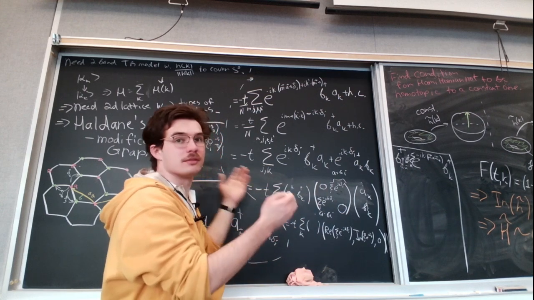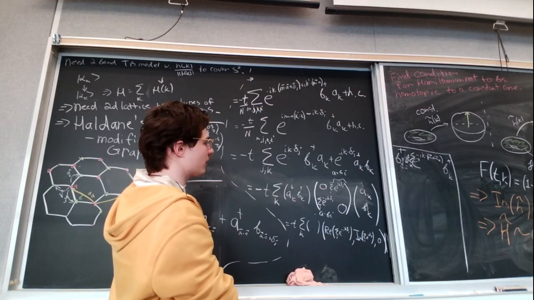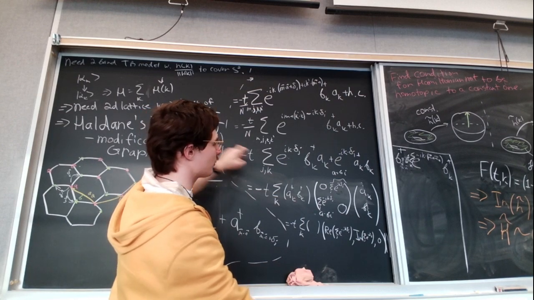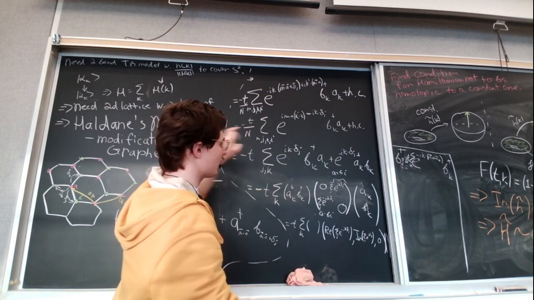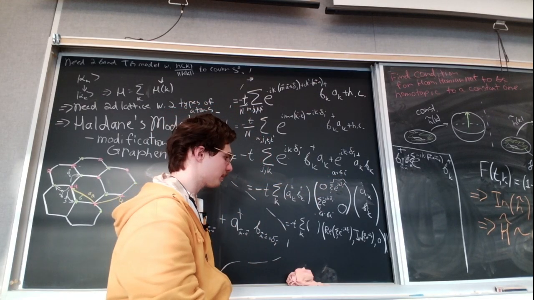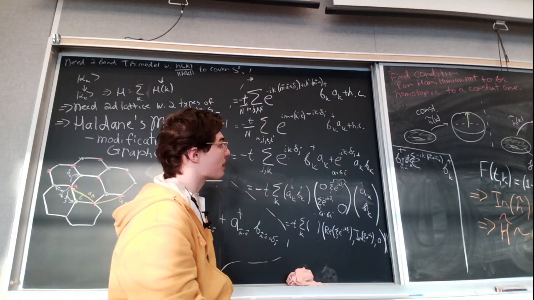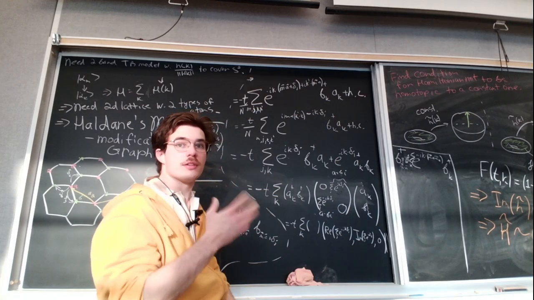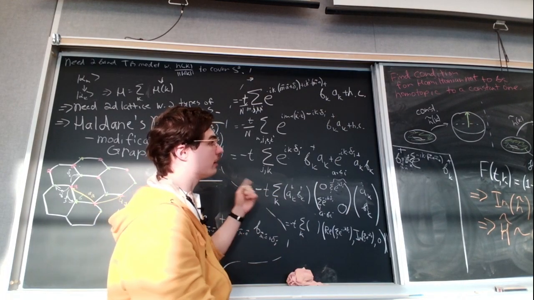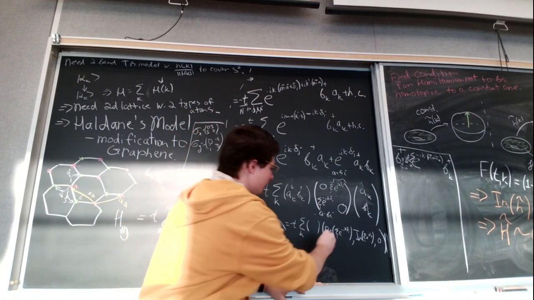I want to write this as something times this plus something times this. And so you see that this something has to be the real part, and this something has to be the imaginary part. That's it. Okay, so there's a few issues with this. This is the sum over j.